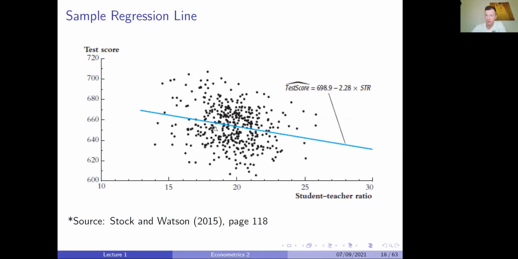And you see that this line has a negative slope, which suggests that if the student-teacher ratio increases, so you have more students per one teacher, it is logical that the teacher can pay less attention to each student, so the educational outcome decreases, right? So the more students per one teacher you have, the lower the test score is going to be.